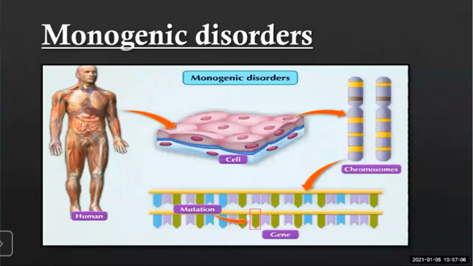The total chromosomes are 47, with an extra chromosome in the 21st pair. The symptoms are mental retardation, short lifespan, short height, short wide neck, flat nose, short fingers, scanty hair, and a single horizontal crease on the palm.